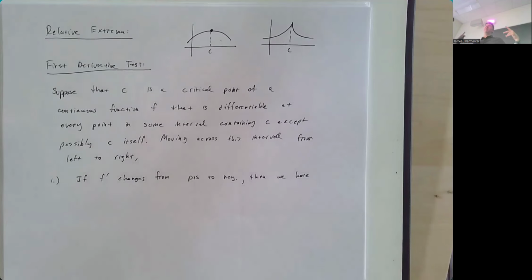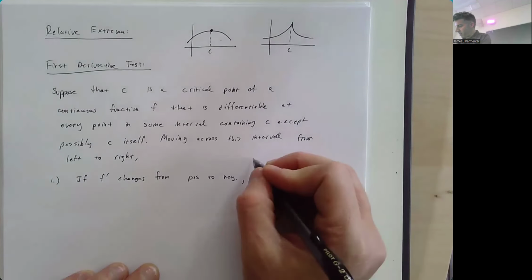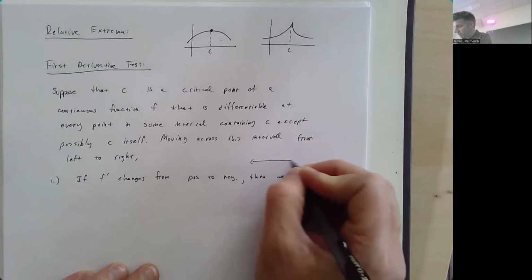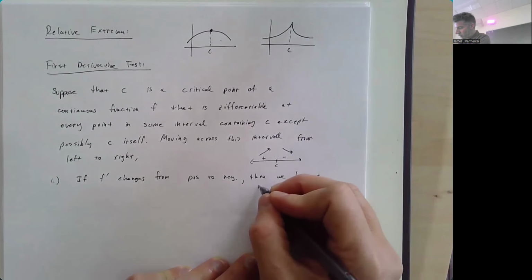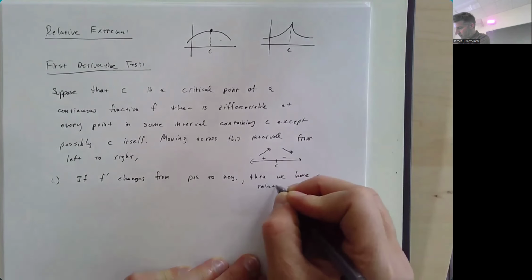Because if we go from positive to negative, that means we're going from increasing to decreasing. So we have a relative maximum. We're going up, but then down. So we have a relative or local maximum.